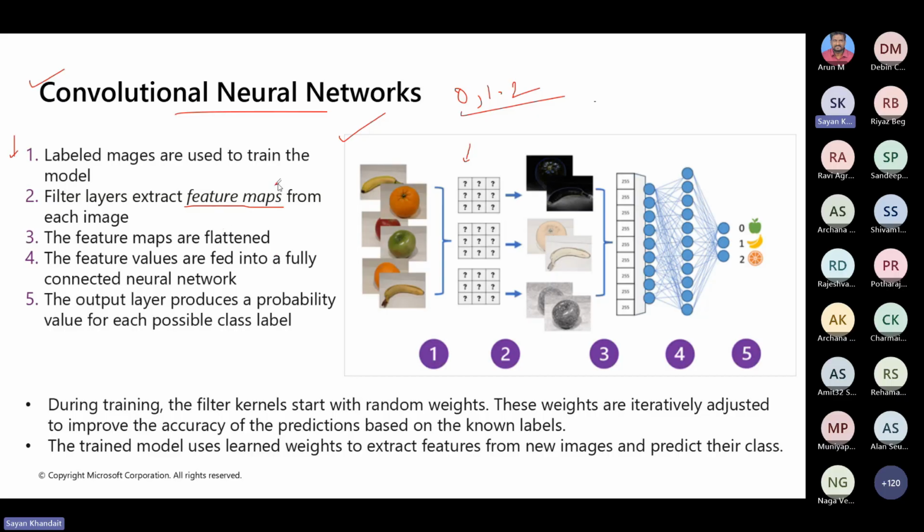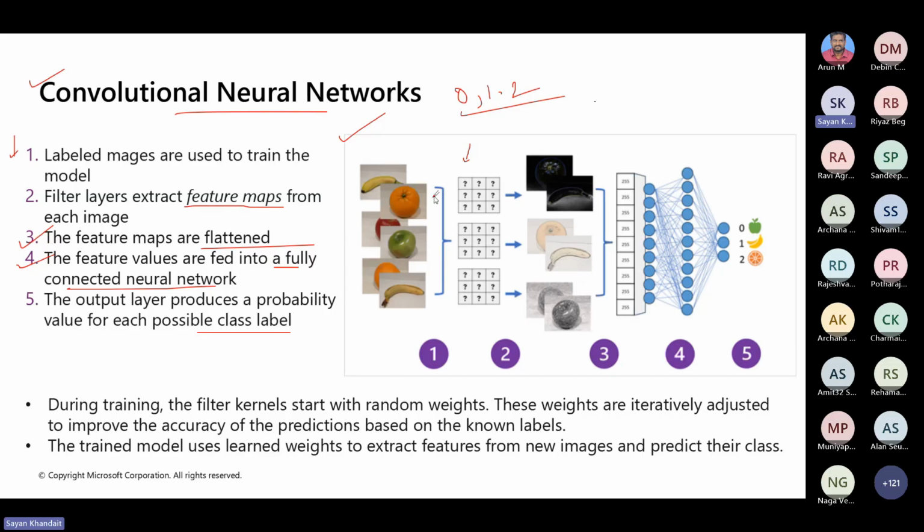These feature maps are multidimensional in nature, which a neural network would not be able to access. Therefore, the feature maps are flattened into a single-dimensional array of feature values. These feature values are fed into the neural network. After the operation of the neural network, it predicts which of these images belongs to which of these classes. This is how a convolutional neural network would have worked back in the day for an image classification scenario.